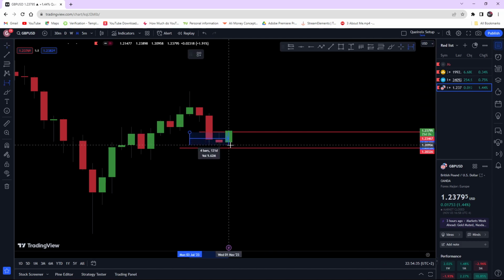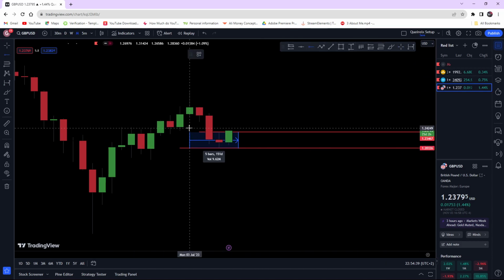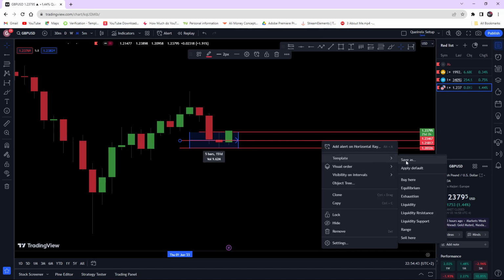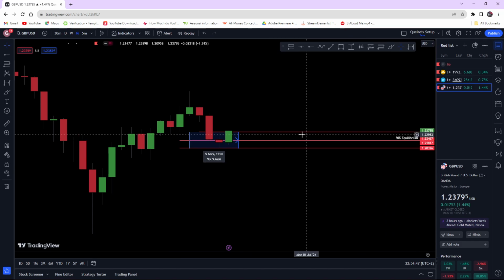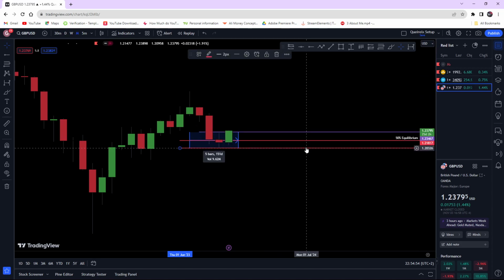We're going to find our equilibrium for that month, and then change the colors of the high and the low. There's our equilibrium, and let's make it that color.